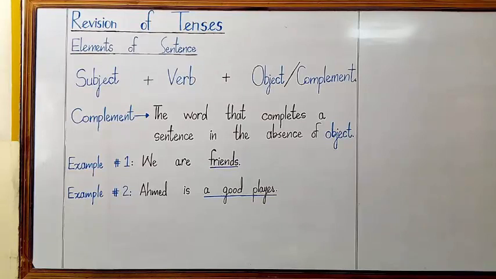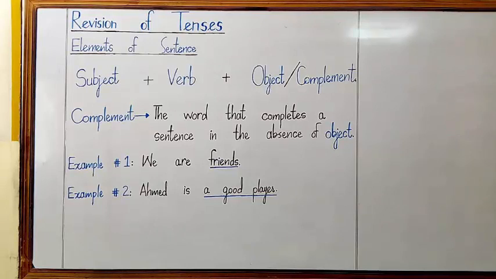Example number 2. Ahmed is a good player. A good player is also a complement. There is no object in this sentence. And the reason why there are no objects in example number 1 and example number 2 is because we recently studied object is the receiver of action. Do you see any action in these two sentences?